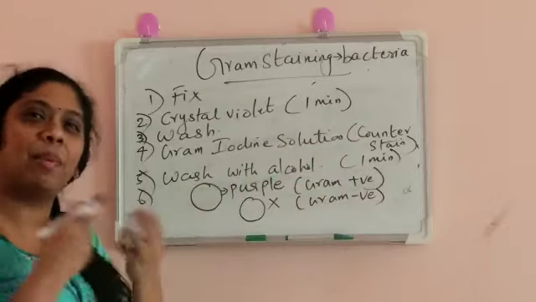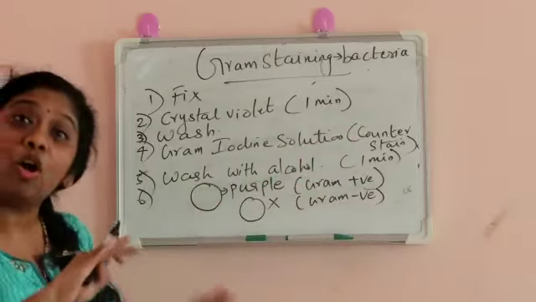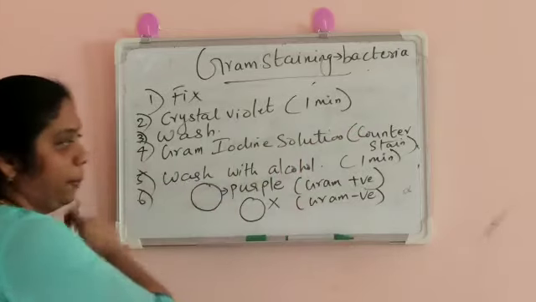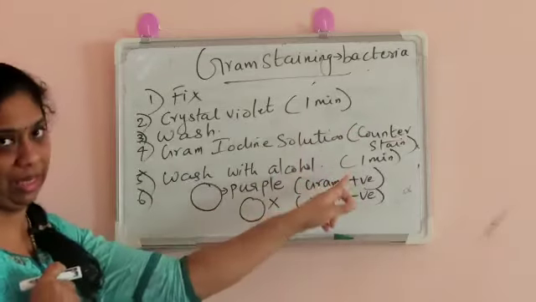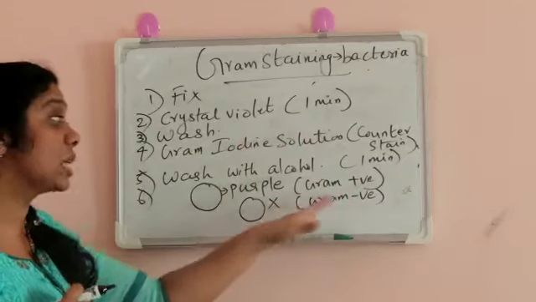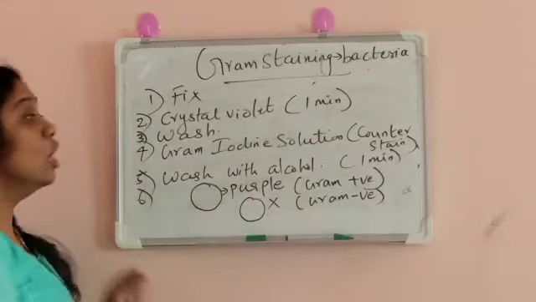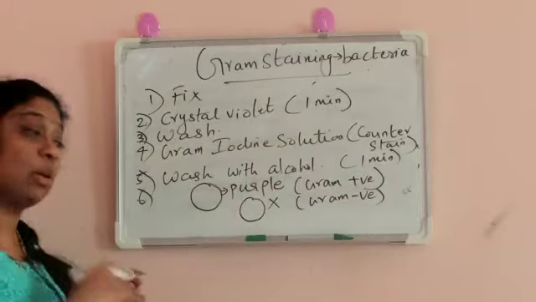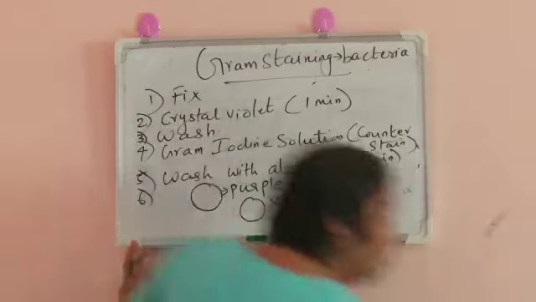Some bacteria will remain purple, some will not. Those which retain the purple color are gram positive bacteria, and those which do not are gram negative bacteria. By this technique we can differentiate between gram positive and gram negative bacteria.